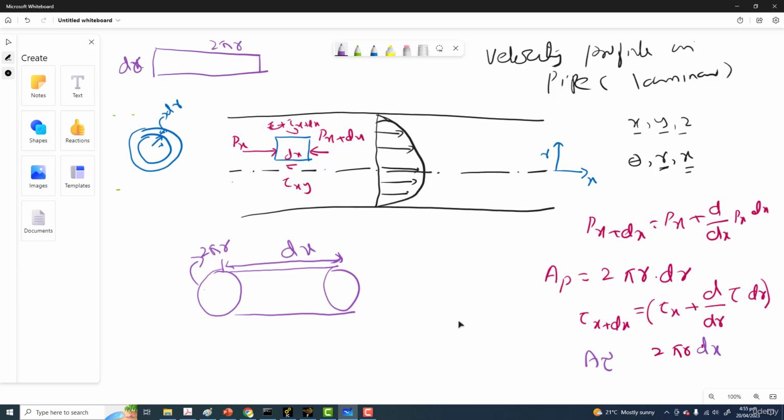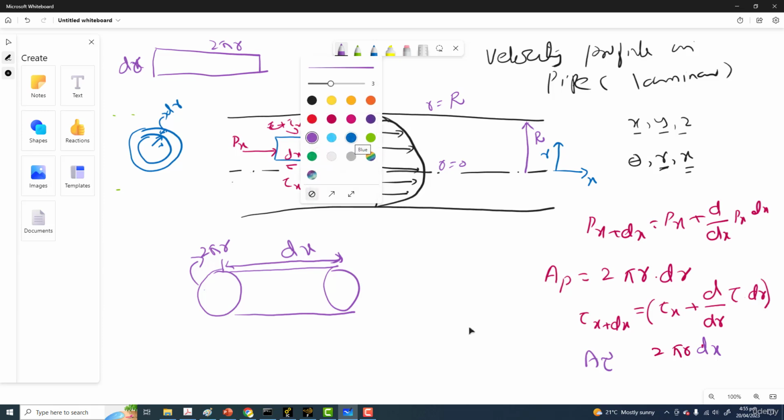Now we have to make the summation of forces, but before we go further, here r is equal to 0, and here r is equal to capital R, that is the radius of this pipe. The boundary conditions we can have here are different.